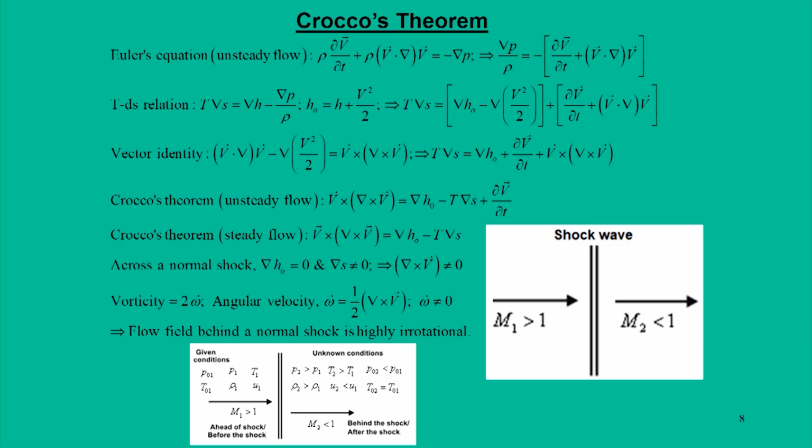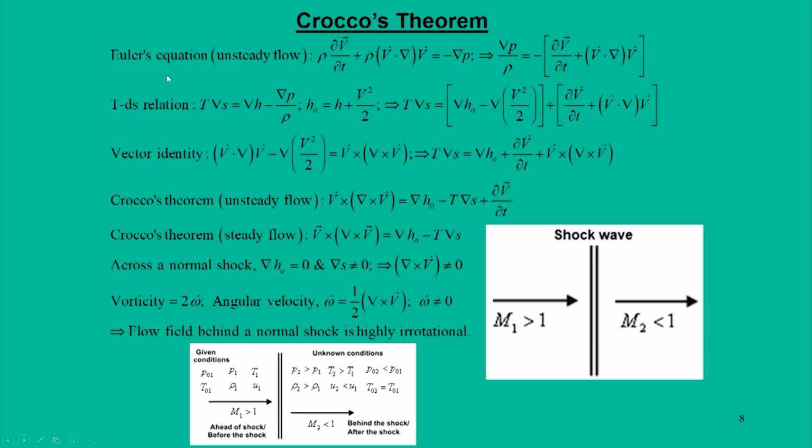Let me revisit Crocco's theorem and its derivation. For that, a little bit of knowledge of vector notation is required, like curl, divergence, gradient. I hope basic mathematics courses would have taught this concept, but our main emphasis would be the end results of Crocco's theorem.